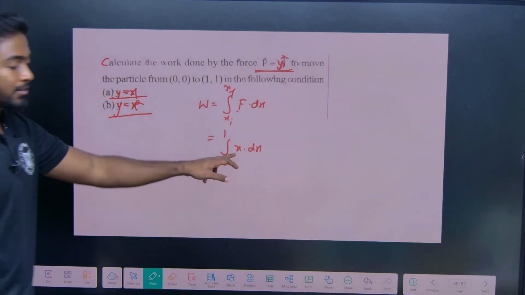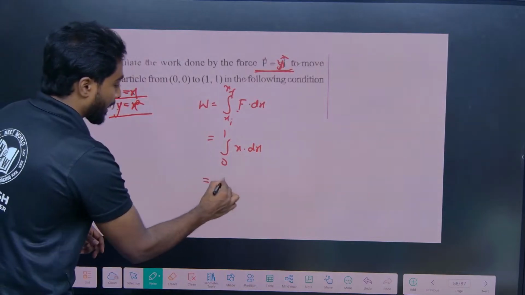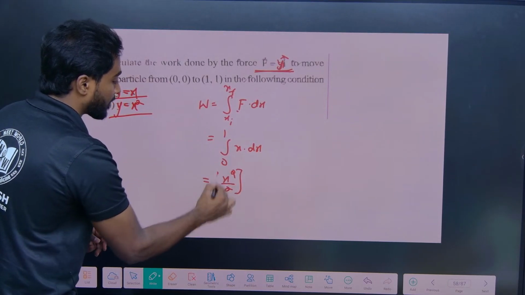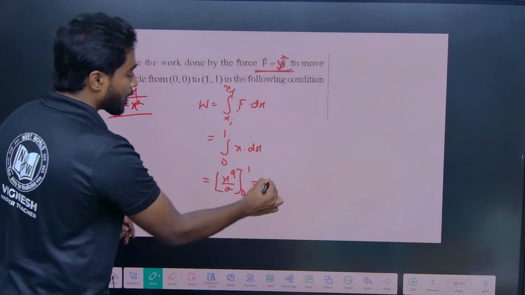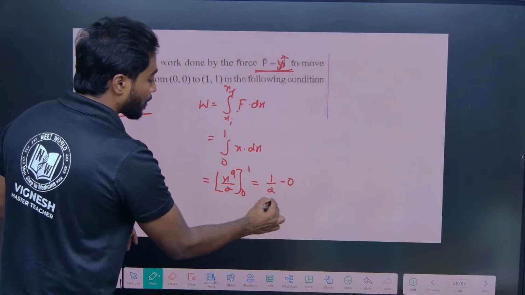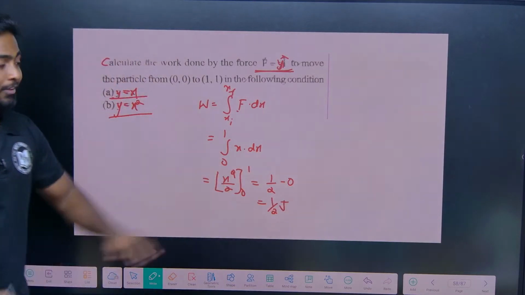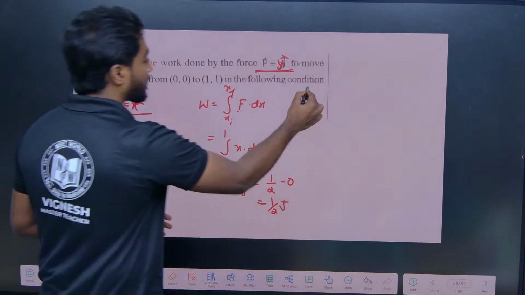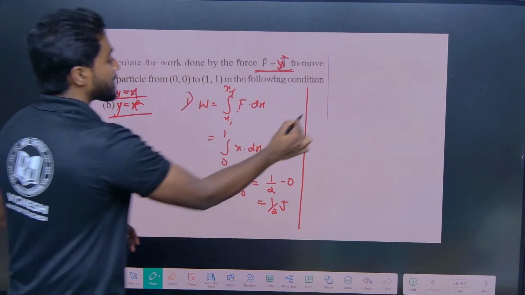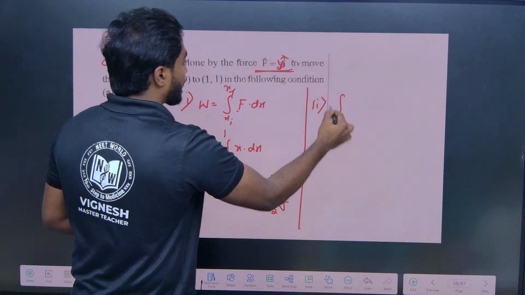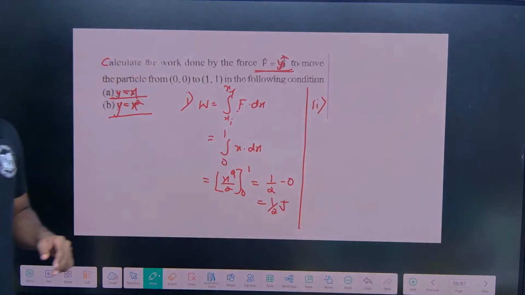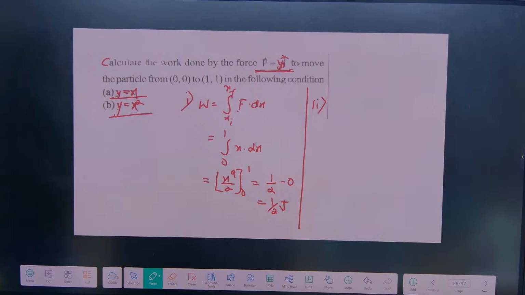The answer is x square by 2 from 0 to 1, which is 1 by 2 minus 0, 1 by 2 joules. This is the first one. For the second one it will be x cube by 3, which is 1 by 3 joules.